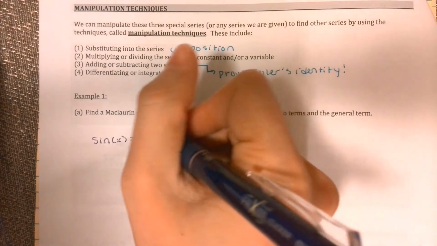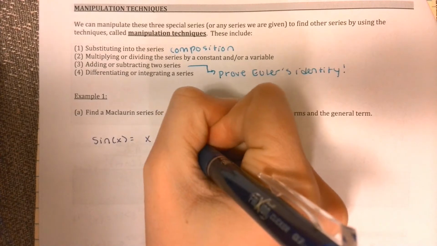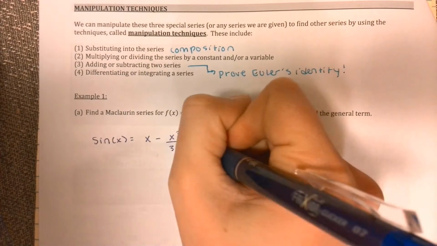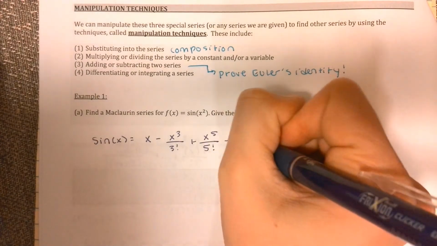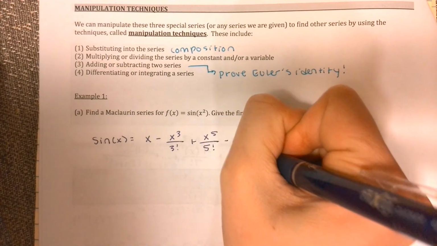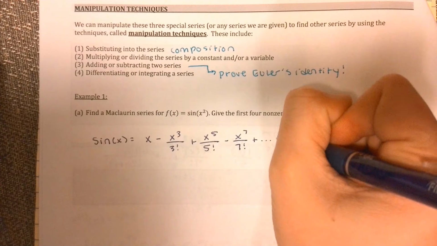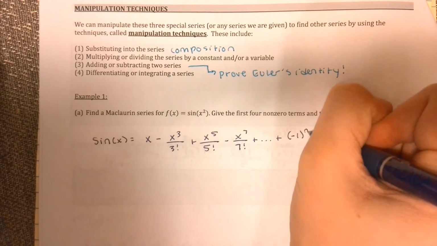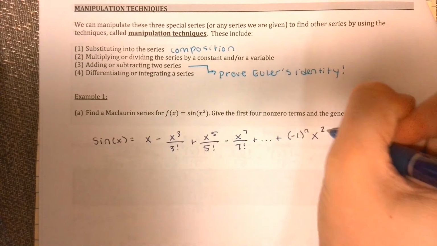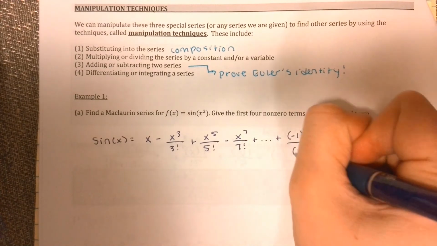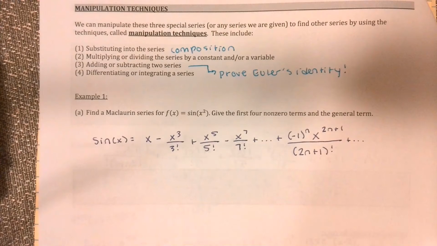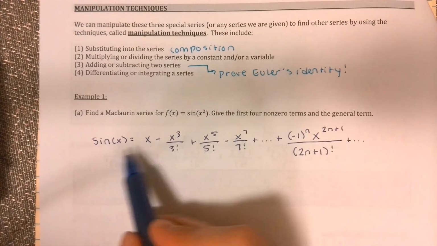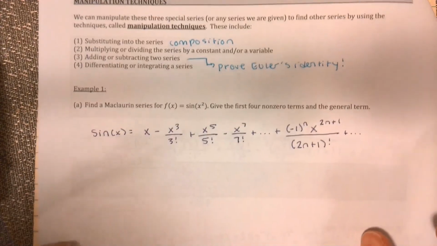Okay, so x minus x cubed over 3 factorial plus x to the 5th over 5 factorial minus x to the 7th over 7 factorial, and the general term, negative 1 to the n, x to the 2n plus 1 over 2n plus 1 factorial. If I want to find sine of x squared, all I have to do is replace all of the x's with x squareds. It's a composition of functions.